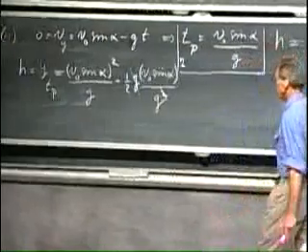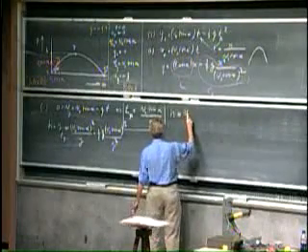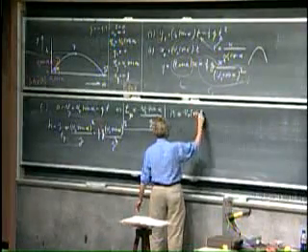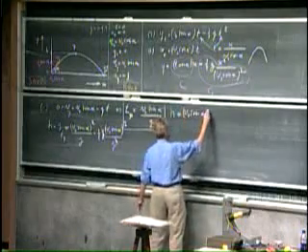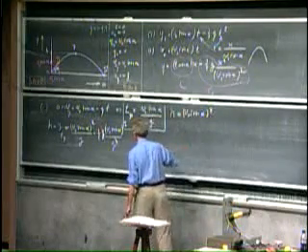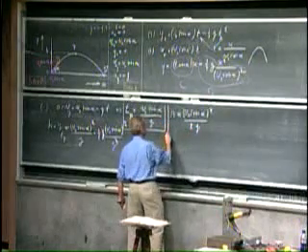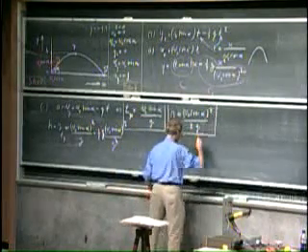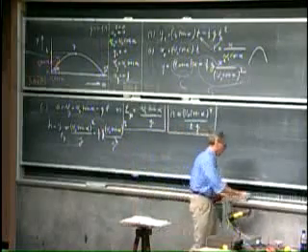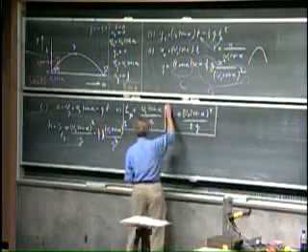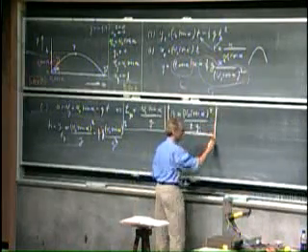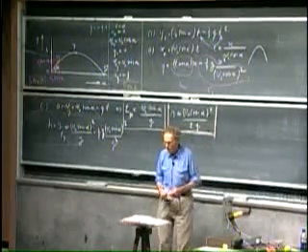The highest point in the sky equals v0 sine alpha squared divided by 2g. That is the highest point. Let's give that some color, because we may want to keep that.